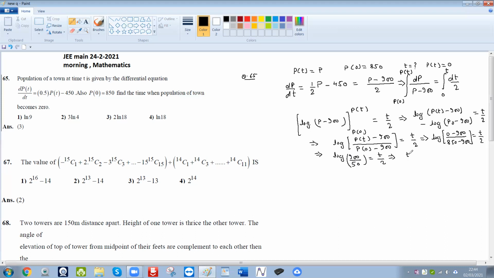That gives me t is equal to 2 log 18. This is then our correct answer. So third option is correct.